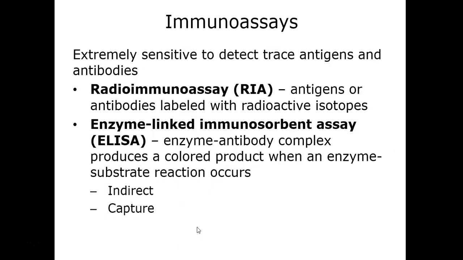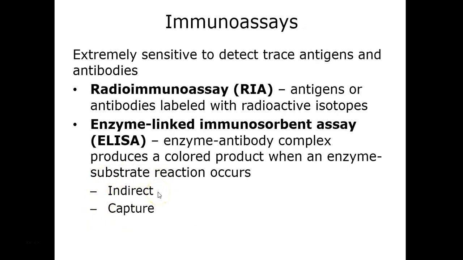So we're going to talk about ELISA. ELISA is one of the tests that behaves in this way. They use a secondary antibody. With ELISA, when the antibody-antigen complex is formed, a colored product is produced by an enzyme reaction. Most times we use what's known as the indirect ELISA.